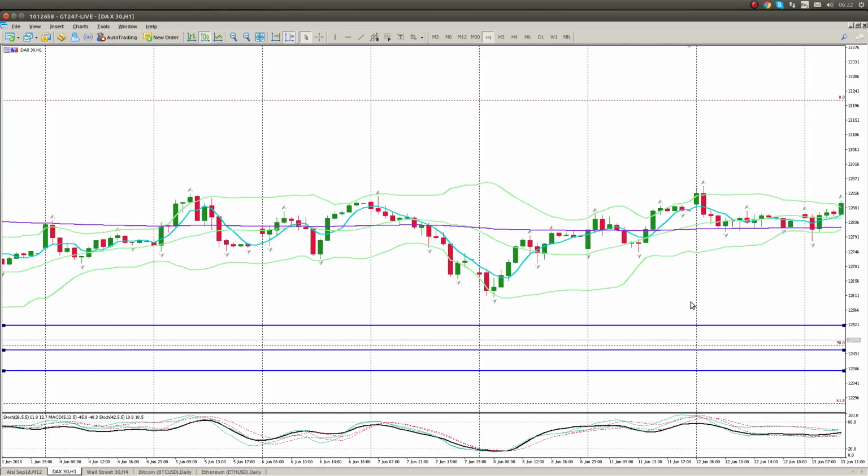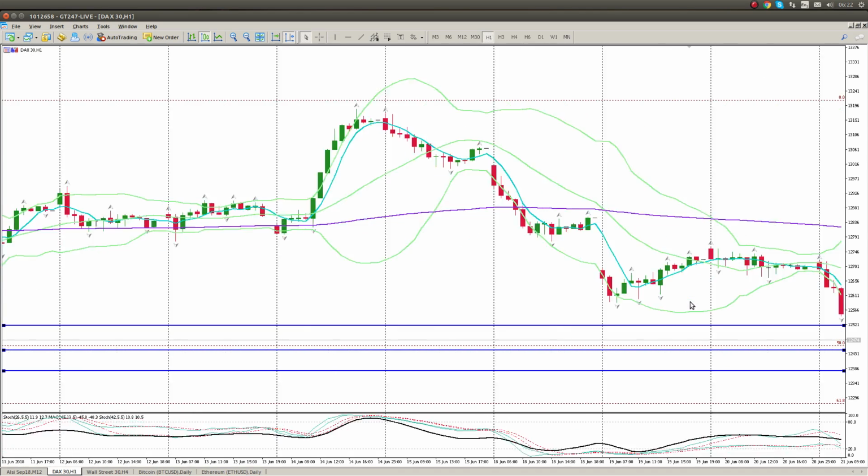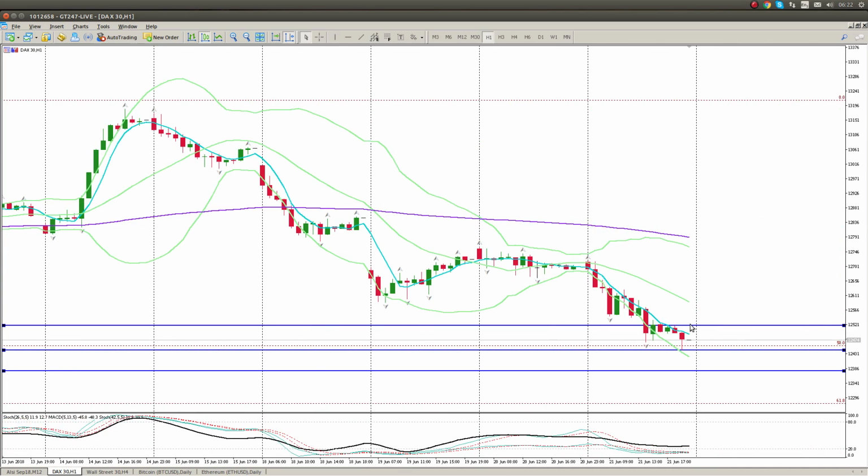Whether it's going to be a scalp or not is going to be the question. So I think what I'll be doing is looking for a long here, see where we get to. If we do fail to get through, for example, the 200, or even if we just fail to get through the 20 moving average, call it quits and look for a move to the downside.